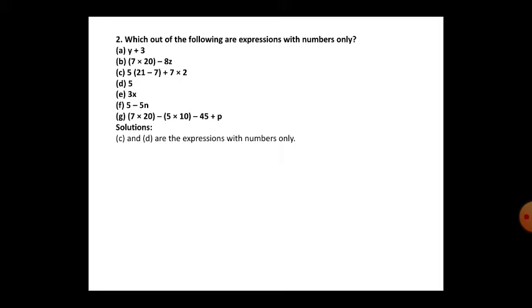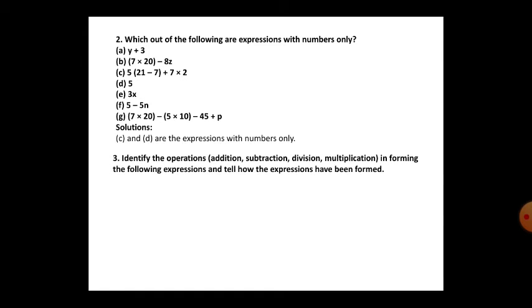C and D. You can see C and D. So there are no variables, only numbers, right? D also, only 5 is there. 5 is a number. So that one you have to write. C and D are the expressions with numbers only, but there is no variable. In the rest of them, everything has a variable.